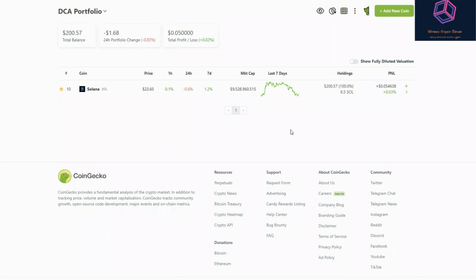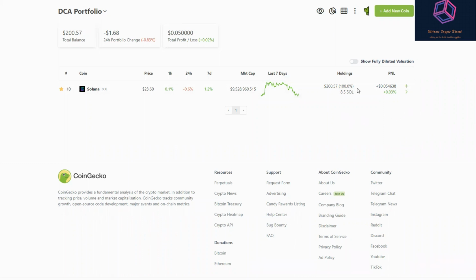Now, say, for example, Solana's price has gone down 25% from the current price, right? So how are you going to go about this? Basically, that's the most important part, right? So say Solana dropped to around $17.50.